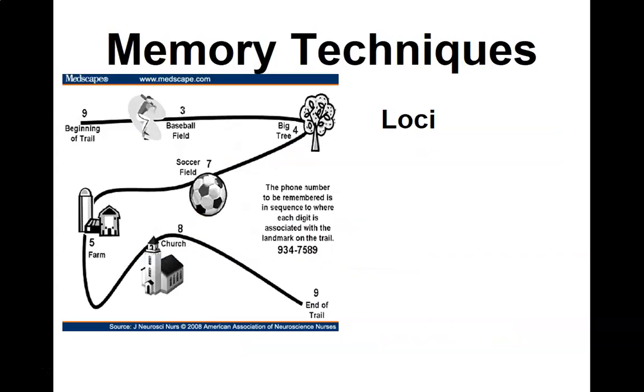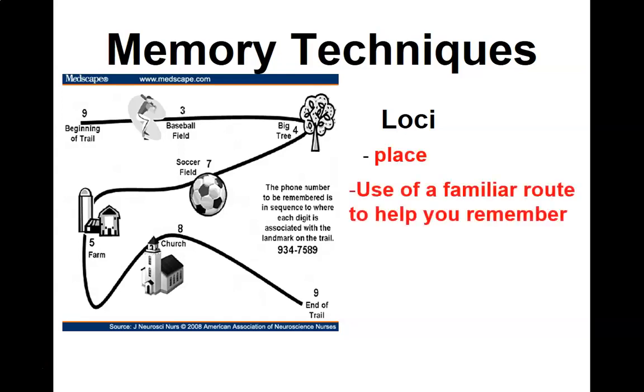But the first one's already written in for you: maintenance rehearsal. You just say it over and over again. And that'll work to a point. But loci, for those that consider themselves to be memory champs, this is the technique of choice. Loci means place, and you would use a familiar route to help you remember.